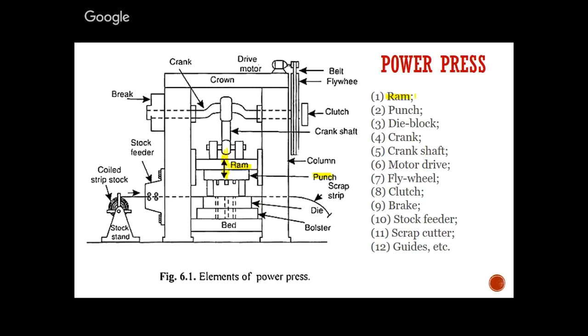This is the punch, a part of the die set, which makes direct contact with the working metal while moving in the downward direction. The next part is the die, or die block. This die block is a part of the die set which contains a hole that has the same shape and size as the part to be made.